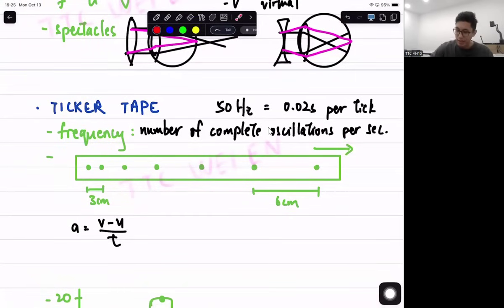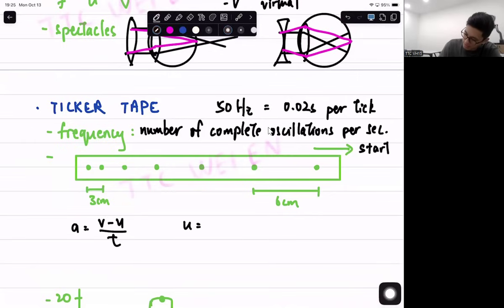To find the initial velocity, I need to know where start first. You see this arrow? The arrow always point to the start. The other side is the end. Okay? The arrow always point to the start. Understand? So your U, you calculate using this one.